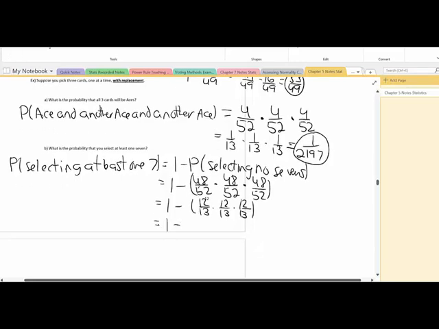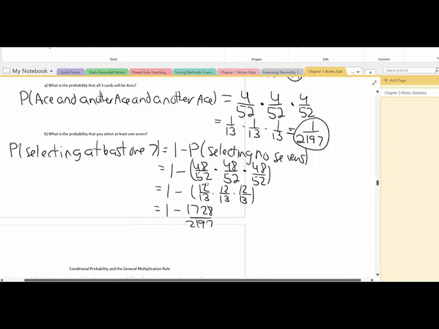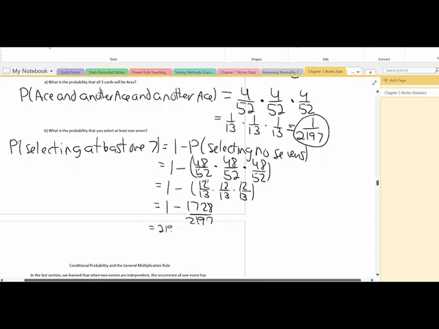Multiplying, that's this. And then to finish up, we get this.